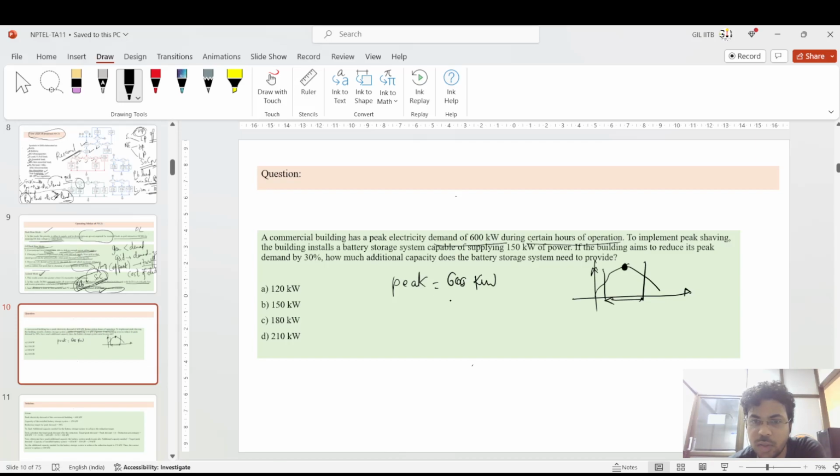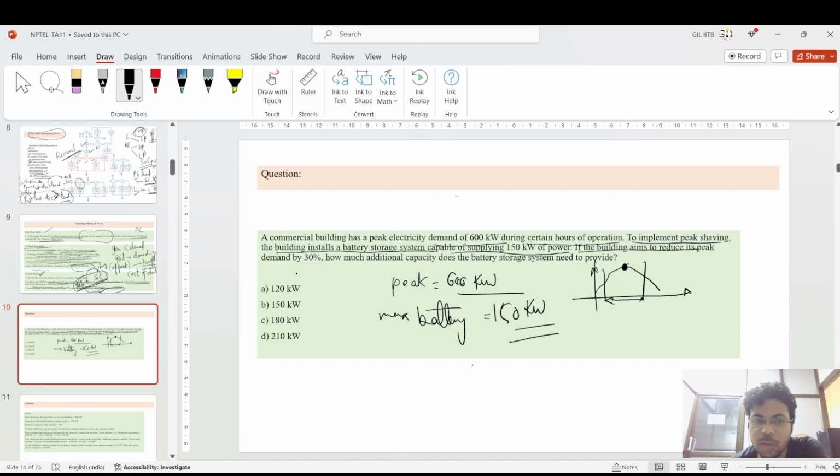So for this duration, the peak is 600 kilowatt. And to implement peak saving, the building installs a battery storage system which is capable of supplying 150 kilowatt of power. So the maximum battery power which can be supplied is equal to 150 kilowatt.